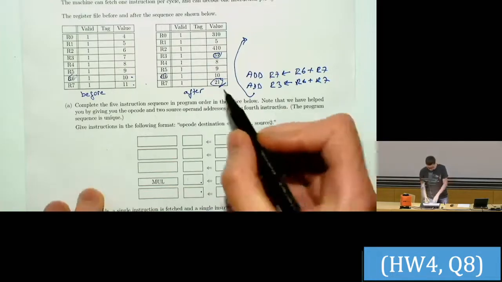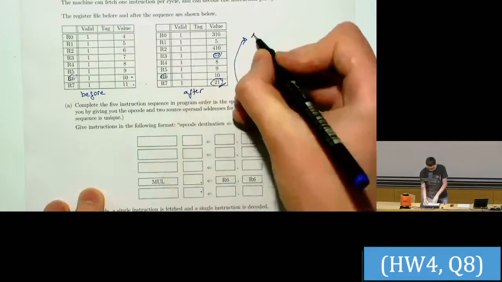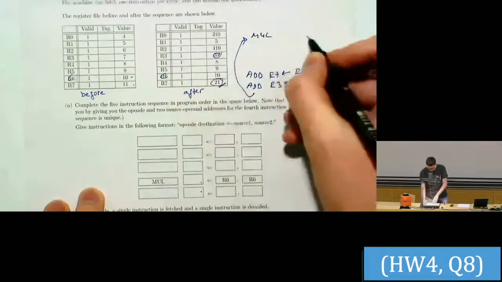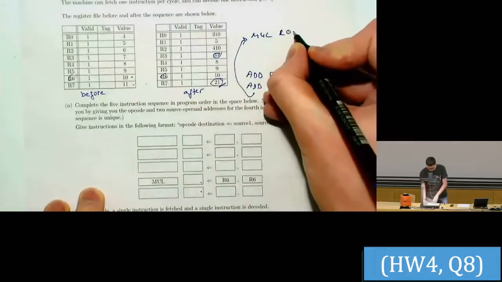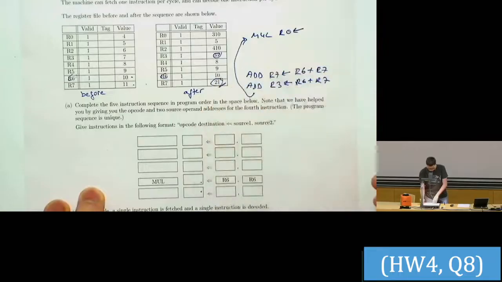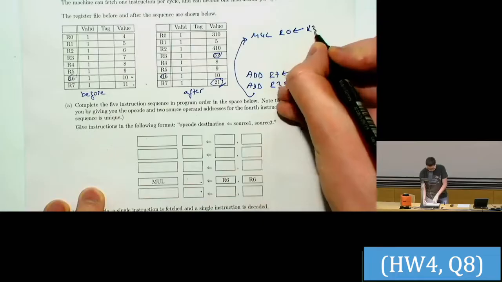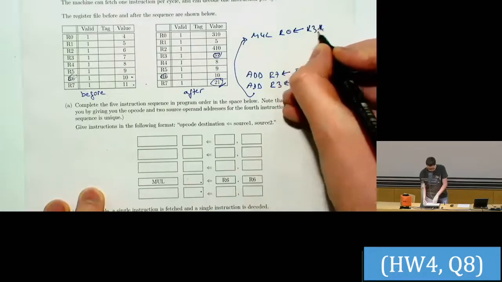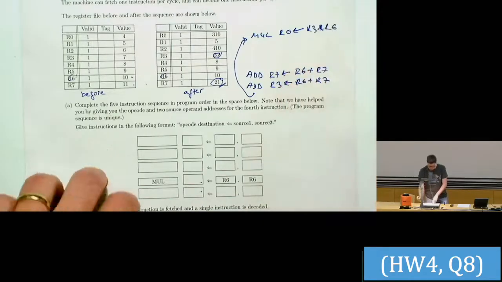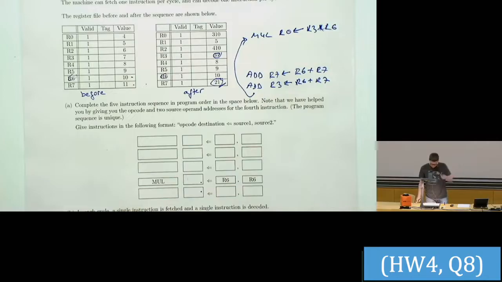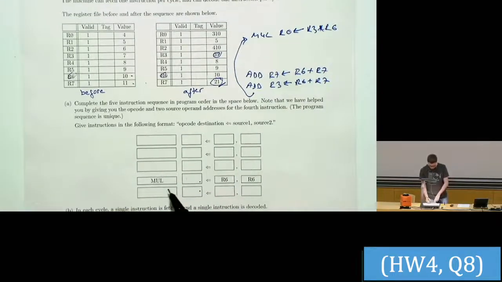But anyway, if we continue here, we said that we can get 310 to R0 by multiplying R3 and, sorry, this is multiply, R3 and R6. Okay, and then this will be the 4th instruction.